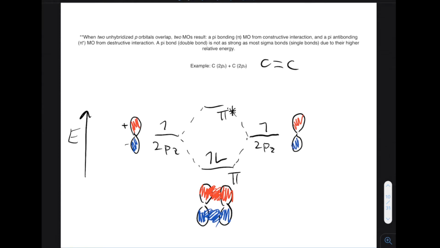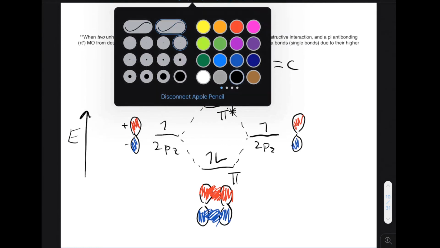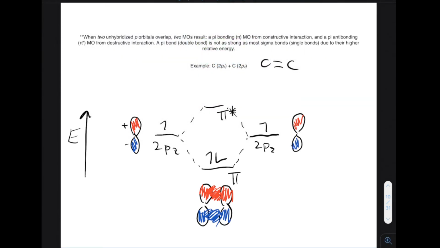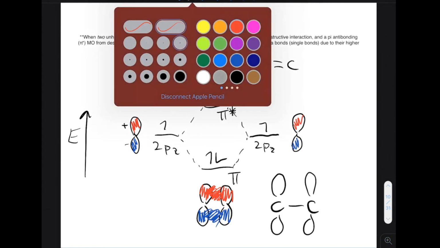And if we were to put that onto a carbon-carbon bond like we have up here, what that would look like is this. So you have a carbon-carbon bond, and this in the middle is just a sigma bond. But when we look at the pi bond, it looks like this.